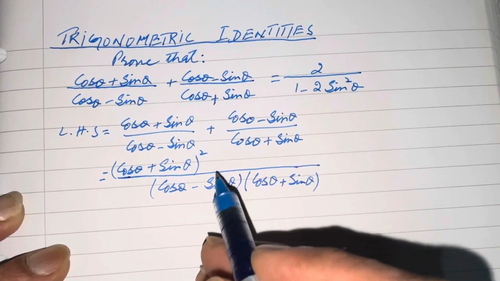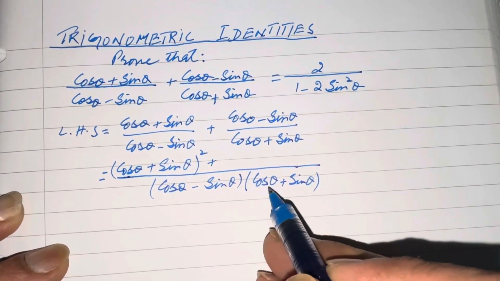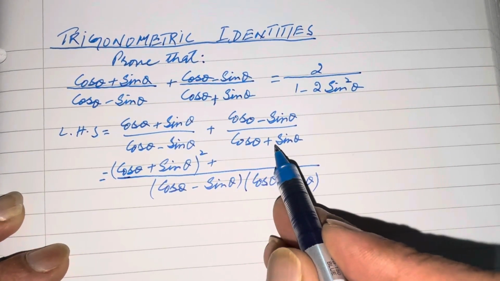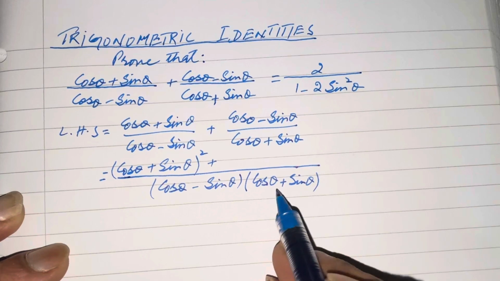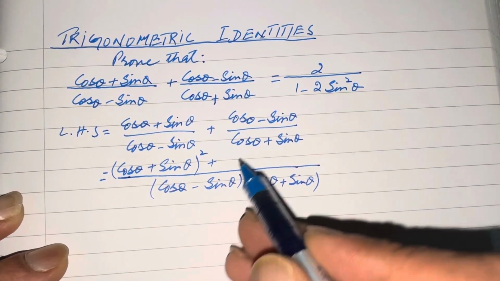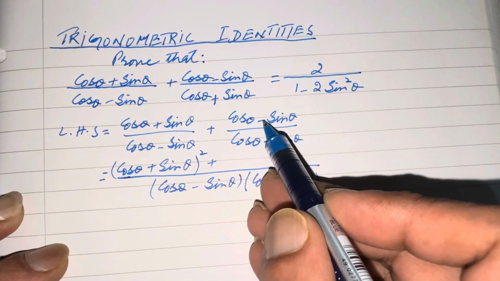After that, the plus sign, and this denominator will be divided by this LCM. So cos theta plus sine theta will be cancelled with cos theta plus sine theta, and the remaining cos theta minus sine theta will be multiplying with the numerator of the fraction.